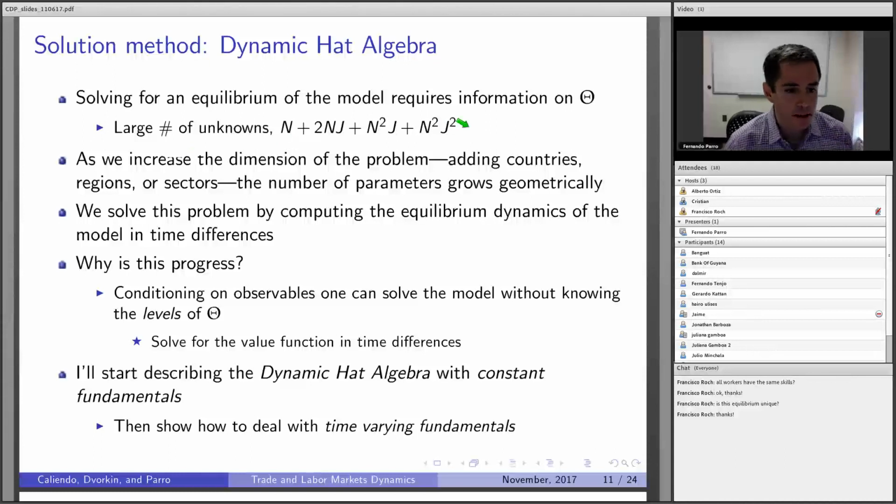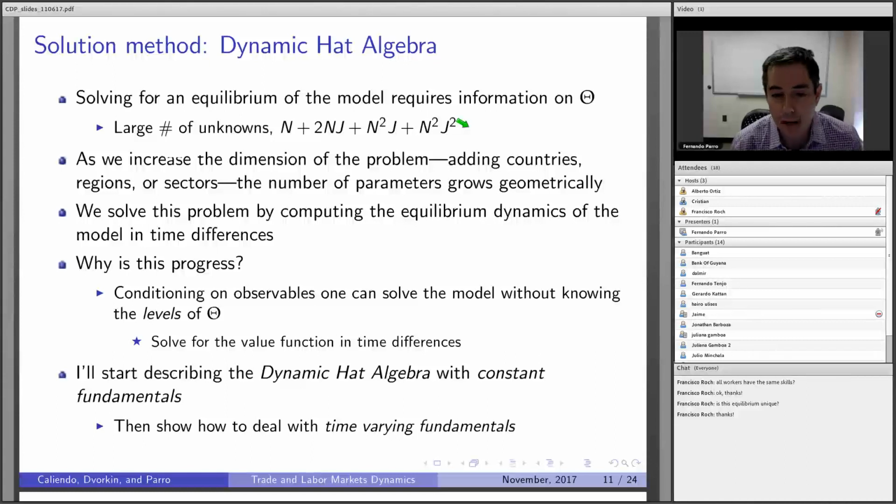For instance, if you have a model with N regions and J industries, this is the number of unobservable parameters that you need to identify. That includes bilateral migration frictions, bilateral trade costs, productivities, home production, endowment of infrastructure, etc.